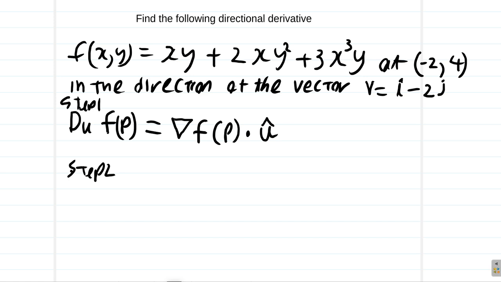All right? Now, in order to find the gradient of the function, the upside down f, what you're going to do is find the partial derivatives.